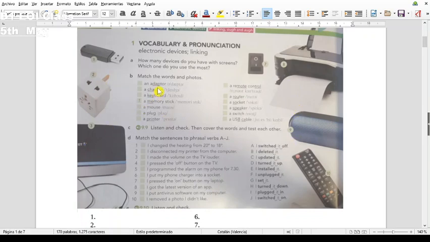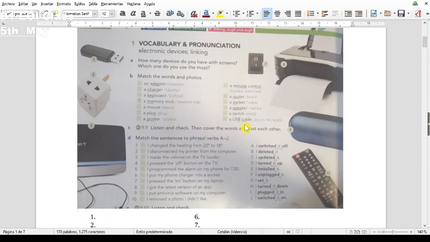We have adapter, a charger, a keyboard, a memory stick, a mouse, plug, a printer, a remote control, a router, a socket, a speaker, a switch, and a USB cable.